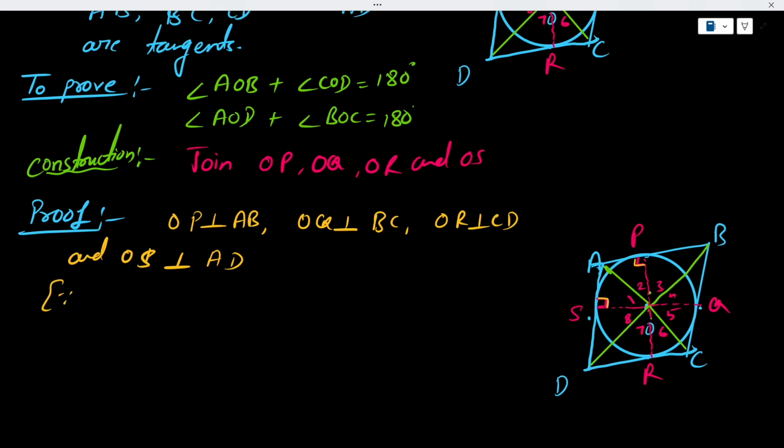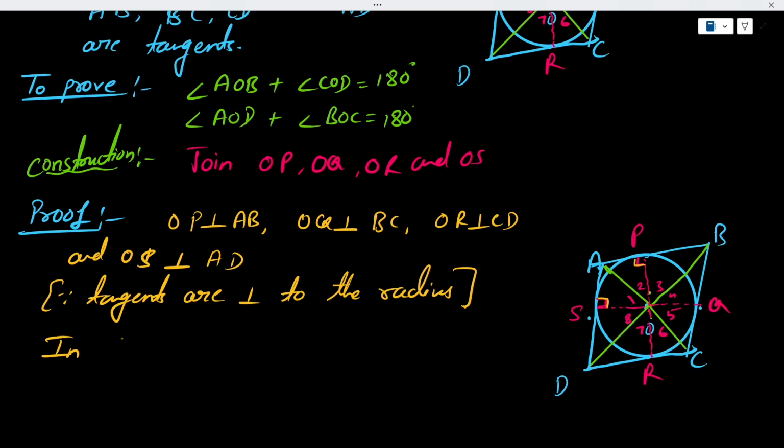What is the reason here? You can write tangents are perpendicular to the radius through the point of contact. Then in triangle, because you need to prove congruency in triangle OAP and triangle OAS.